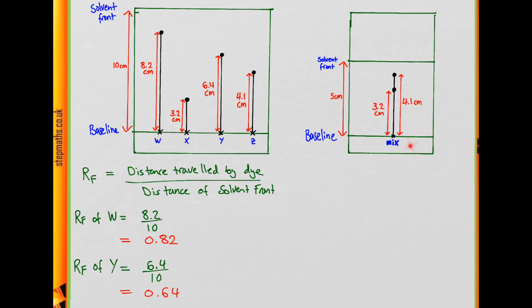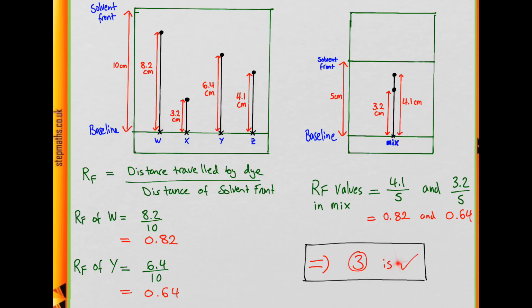Now looking at the second chromatogram, the RF values in the mix are 4.1 divided by 5 and 3.2 divided by 5, which also gives you 0.82 and 0.64, which implies that it is Y and W that's in the mix and not X and Z, which some students would have jumped to straight away. So in fact, the statement is correct.